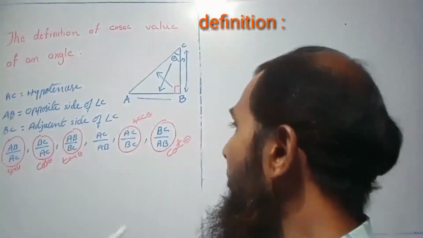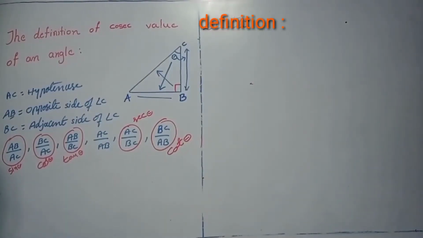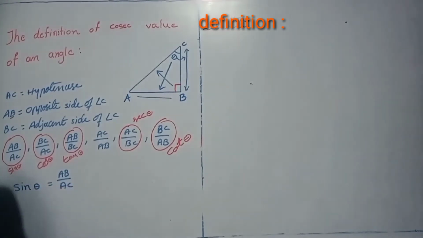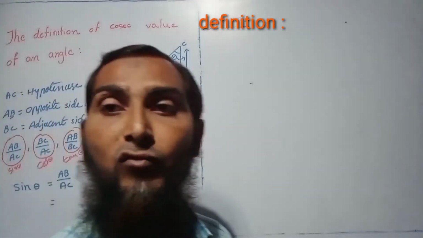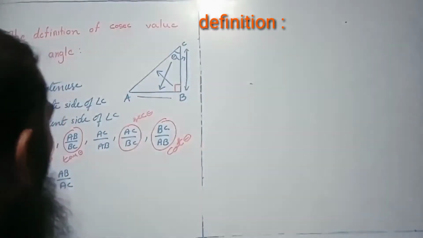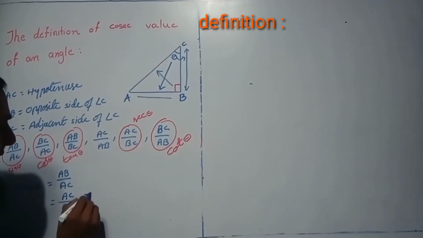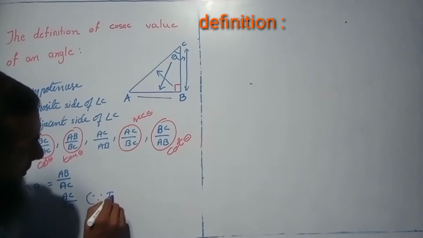How is it coming? We know sine. Take sine first. What is the ratio of sine theta? It means AB by AC. So if you want to take the inverse of sine theta, it means AC by AB.